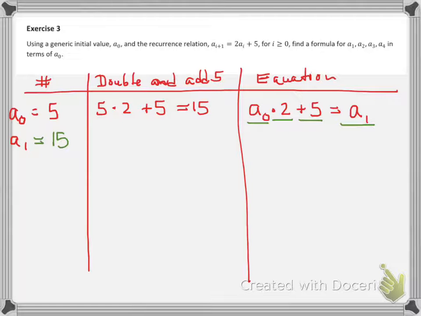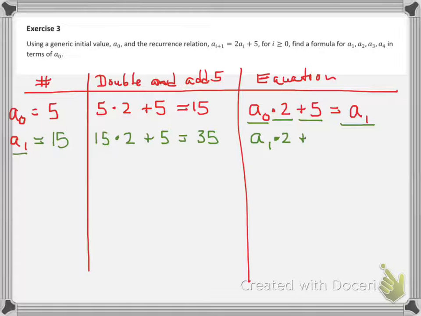And then let's do this again. We'd start with 15. We would multiply by 2, that's 30, and then we would add 5, that's 35. And let's think of the equation. What did we start with this time? Well, we started with A sub 1, right? Our initial, our starting number for round 2. We doubled it, so times 2.